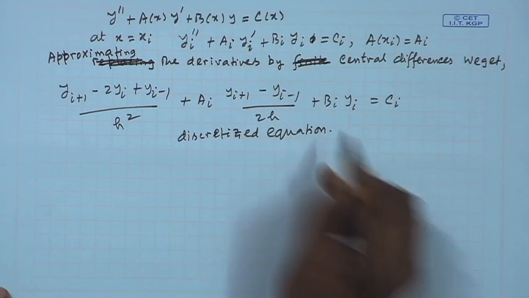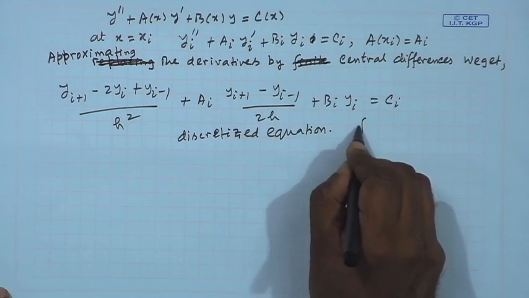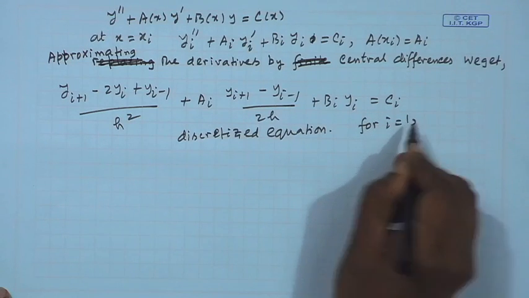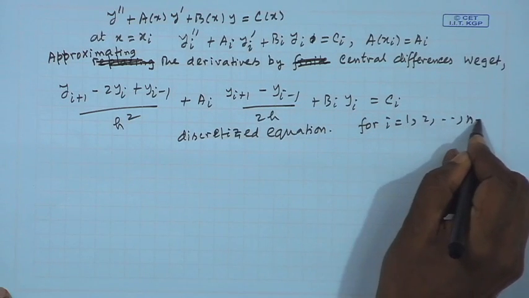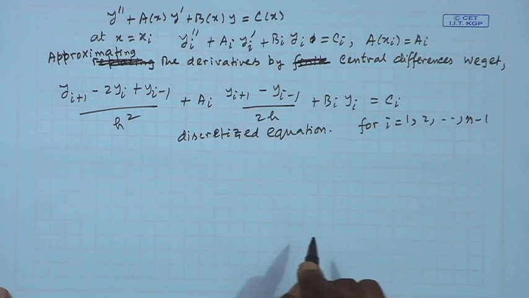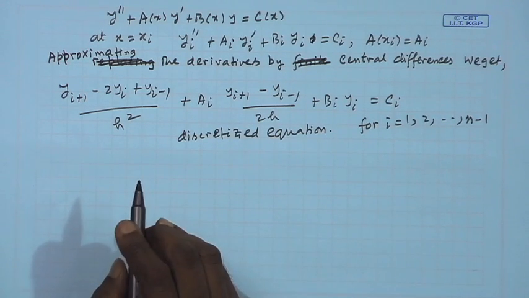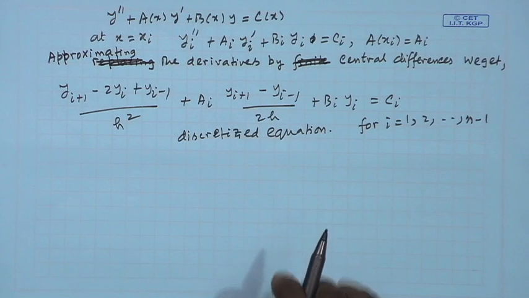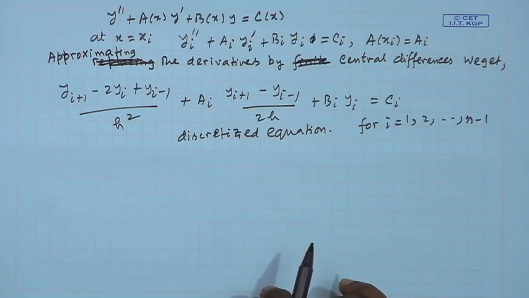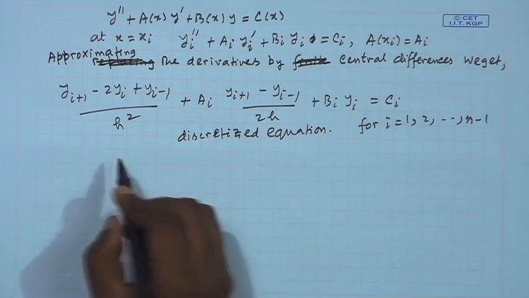Now, at each grid point, so this is for I equal to 1 to n minus 1. Now, we are looking for the values y1 to y n minus 1, since y0 and yn are given.